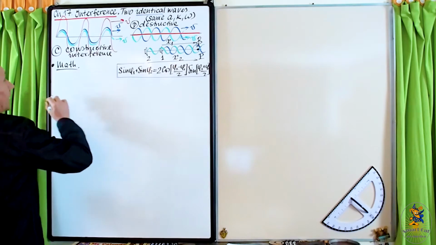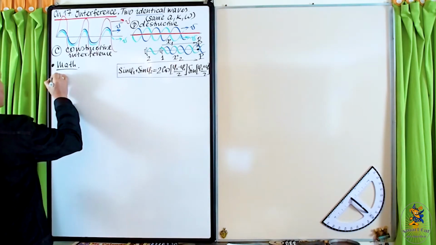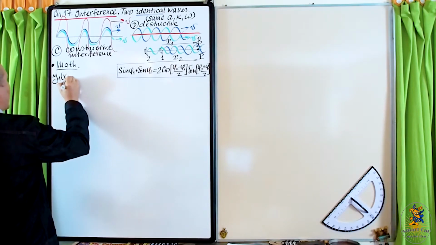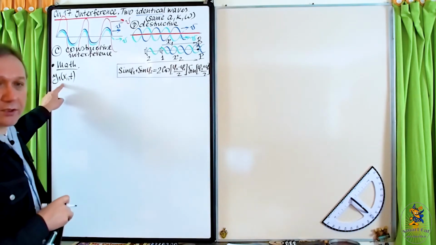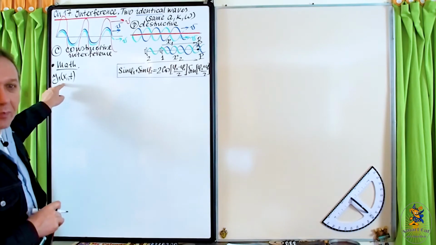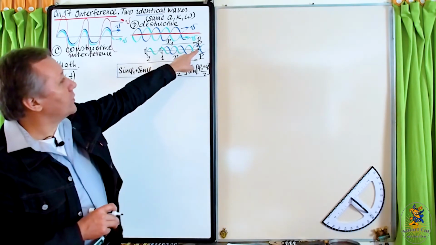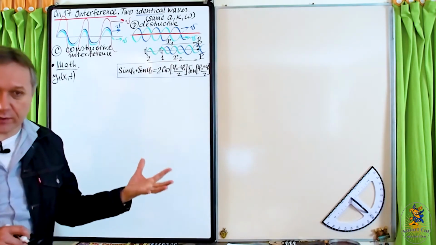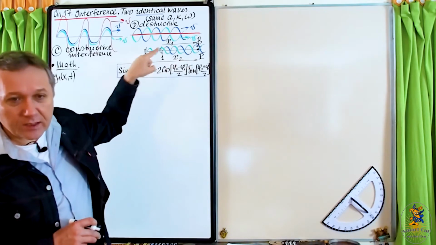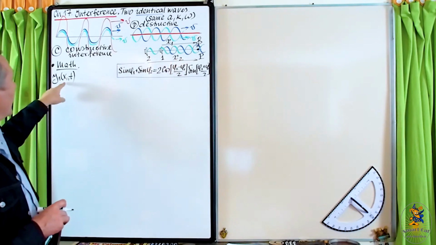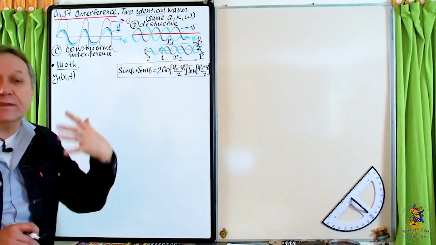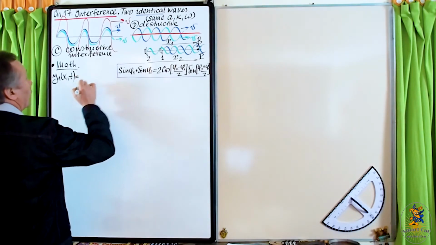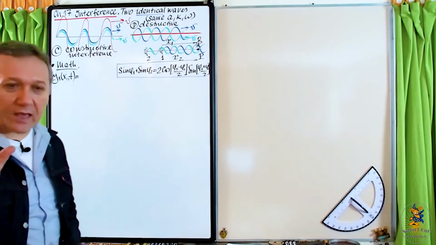So, probably, I should be able to fit y1 at x1 and t. Pretty much, it's a disturbance created by the first wave at this point P, so at the distance x1. That's why I put x1 instead of just x in general, because I'm interested in that particular point. So that's why I sort of fixed x, and that is x1. And of course I can write, okay, I'm going to use small a as an amplitude.